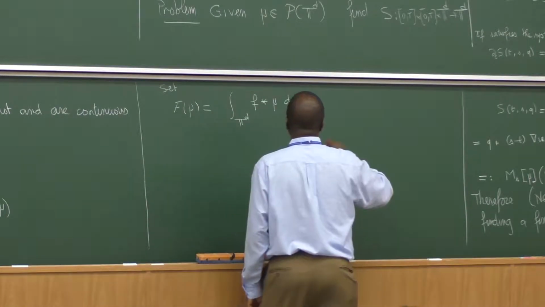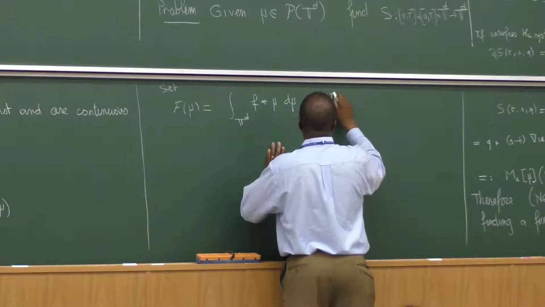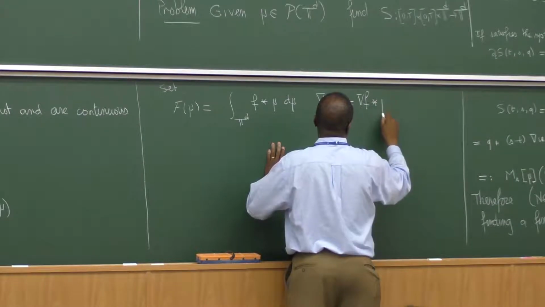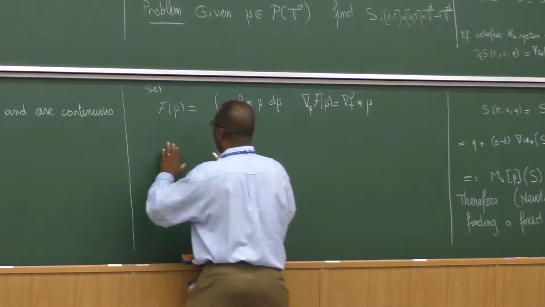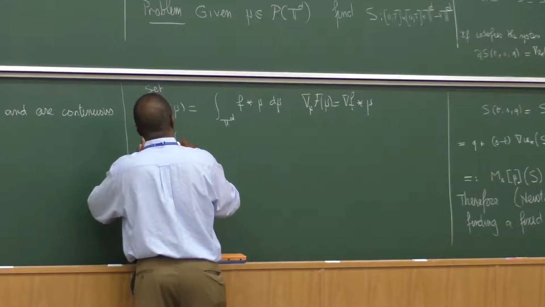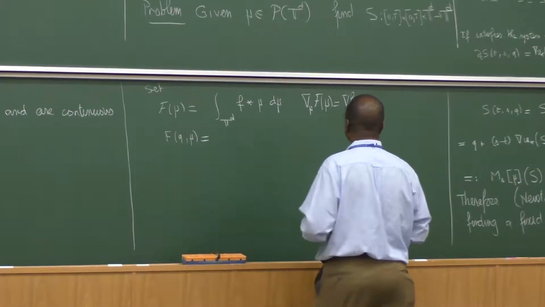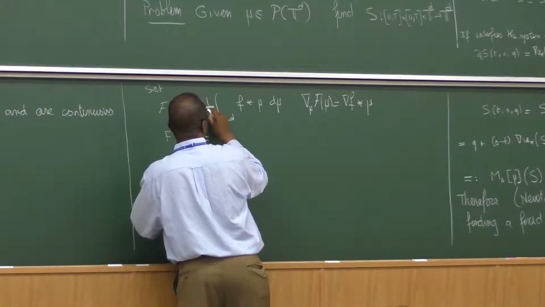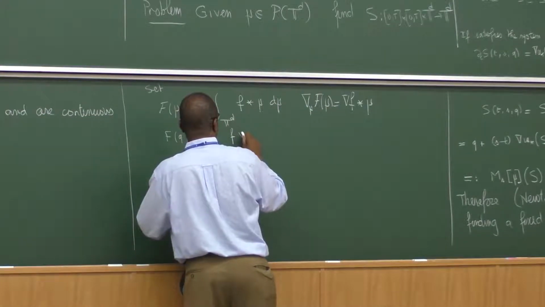In that case, the Wasserstein gradient of F at mu is the gradient of F convolution mu. And the equality holds if I choose F of Q mu to be equal to 1/2 F convolution mu.